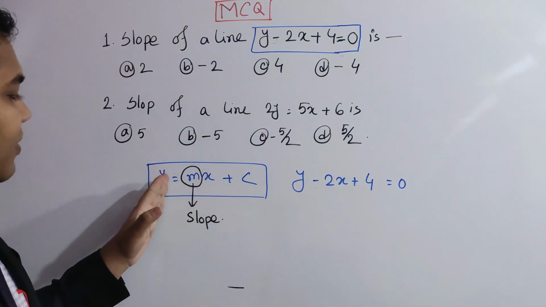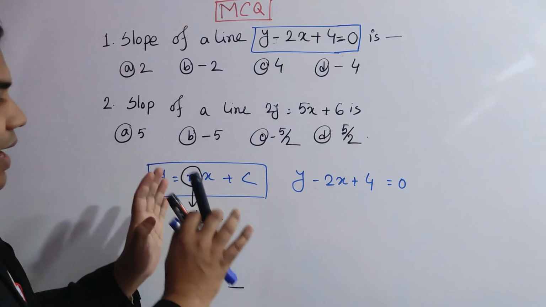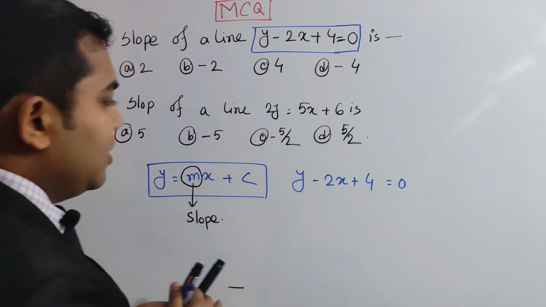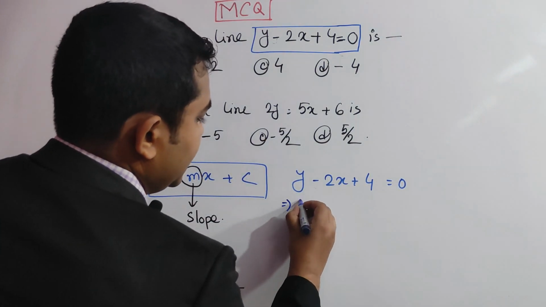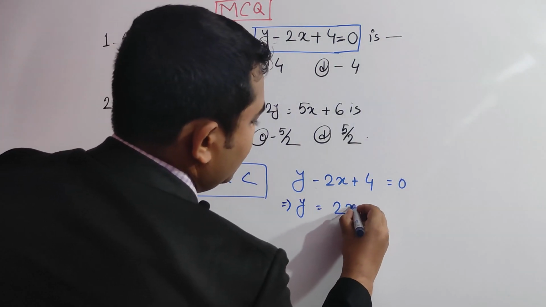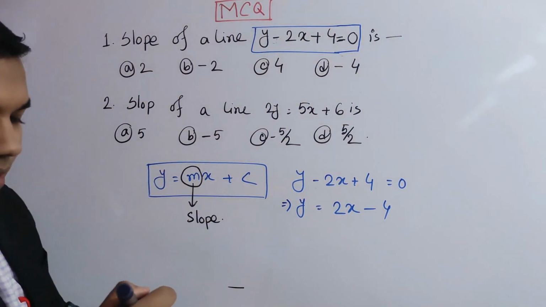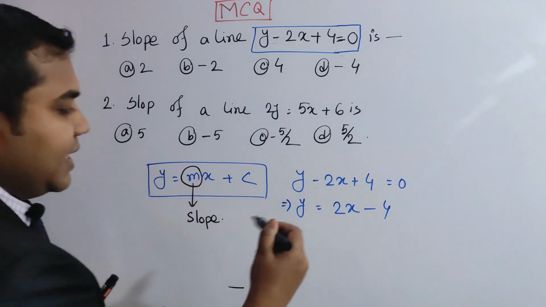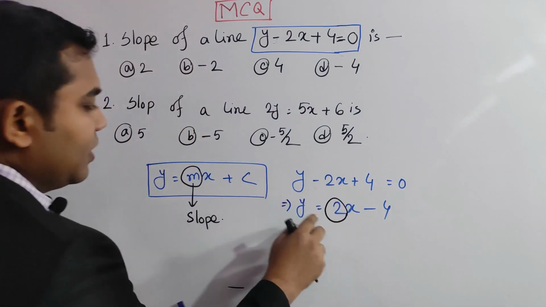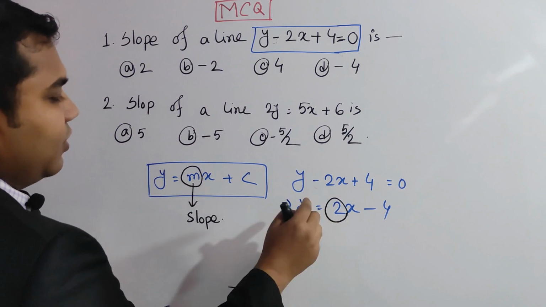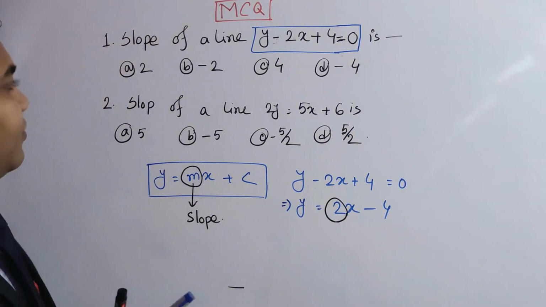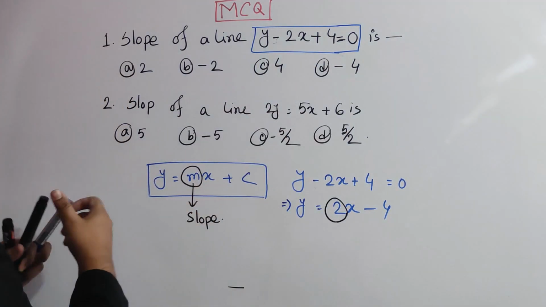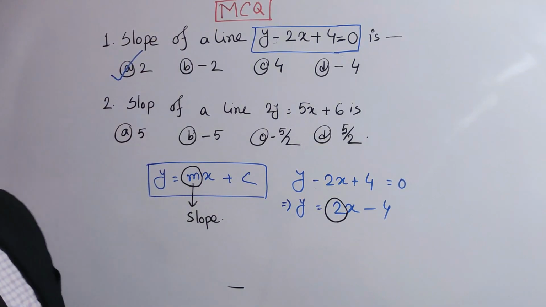So y will remain on the left side and the others will remain on the right side, just changing the sides. So y equals twice x minus 4, that's the first thing. And here we can say easily that this is very similar, so this 2 is our slope. So the answer must be 2, that is our required answer.